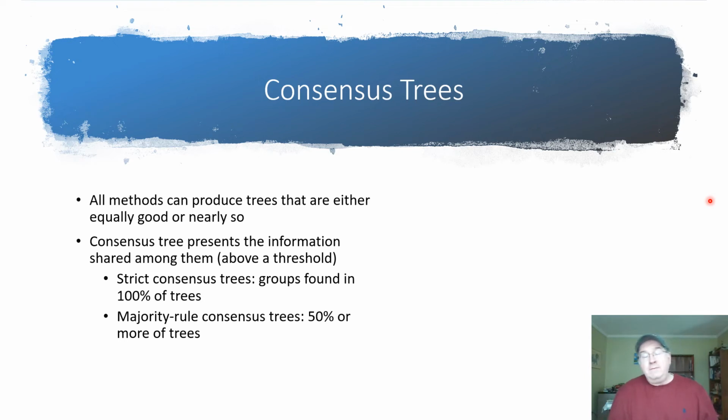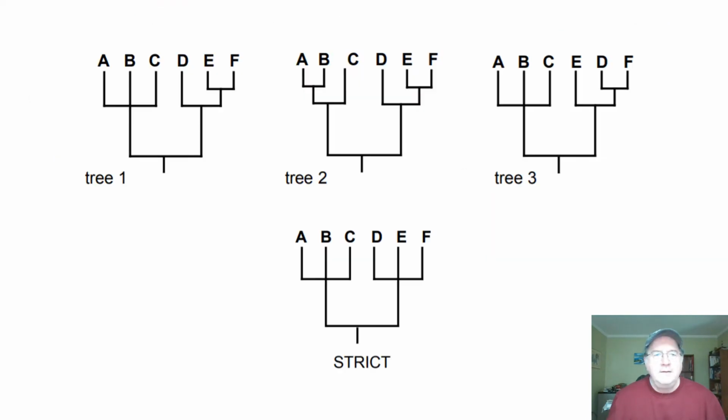So there are different flavors of consensus trees. I'm just going to talk about two of them: a strict consensus tree and a majority rule consensus tree. Here are the definitions, but let me show you what I'm talking about in terms of strict versus majority rule consensus trees. So up at the top here, we have three trees that we'd have arrived at from our analysis, grouping together the species A through F, and they're all in the same order here.